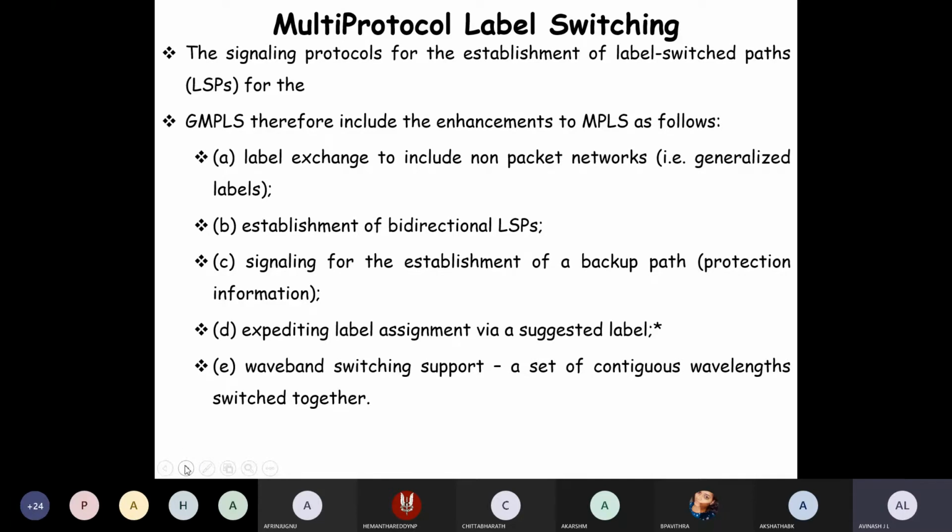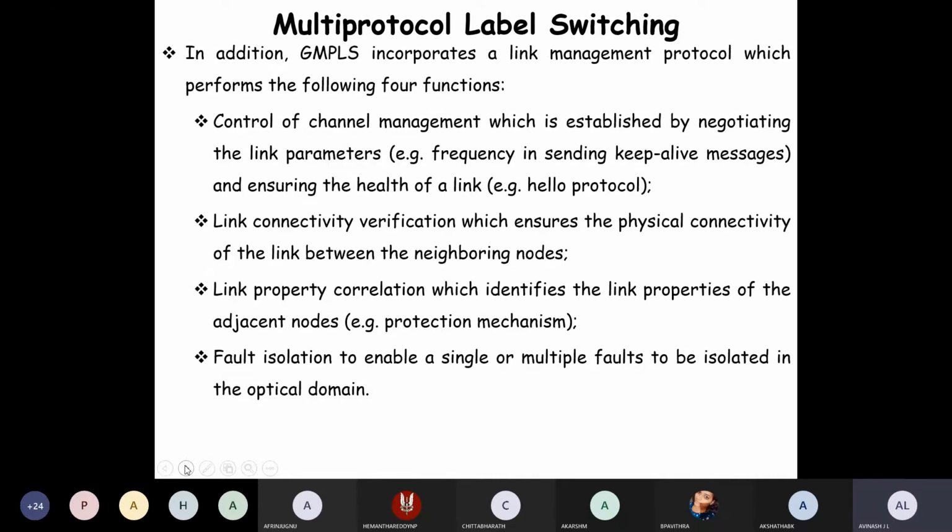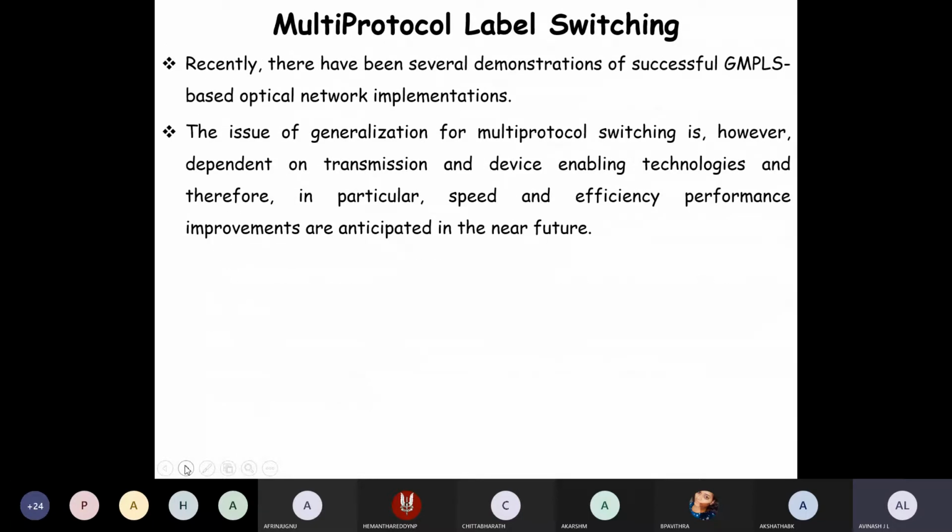All those things will come into the picture. In addition, GMPLS incorporates a link management protocol which performs four functions. What are the four functions? Control channel management, link connectivity, link property correlation and fault isolation. So these are some of the features of GMPLS. You can see it.